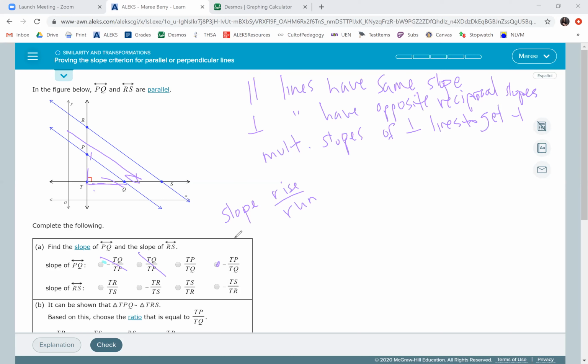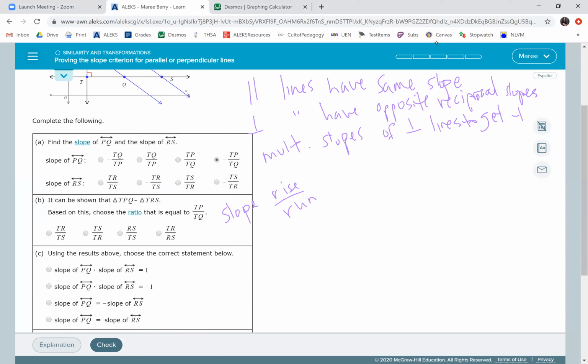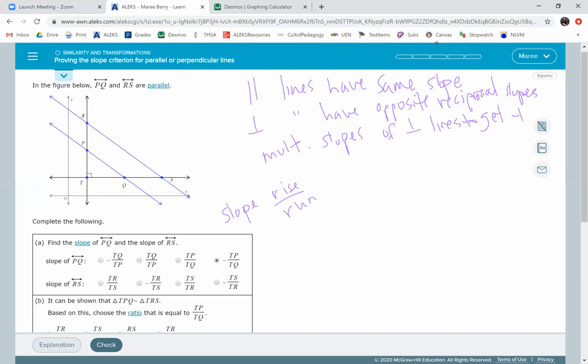Let me erase these, and we'll type in that one. Whoops, I didn't erase. Okay. The second one, the slope of RS. TS is a run, so it's not going to be the last two.